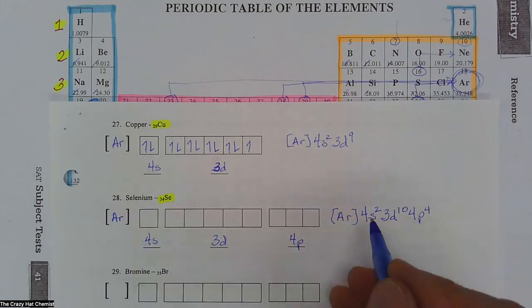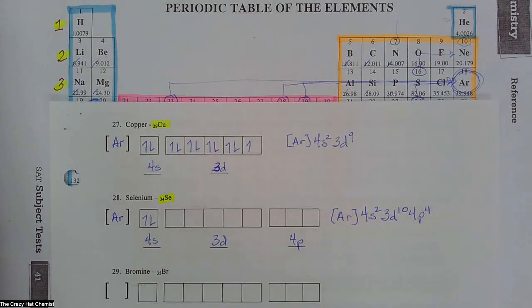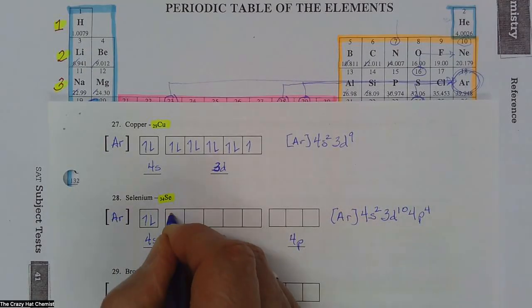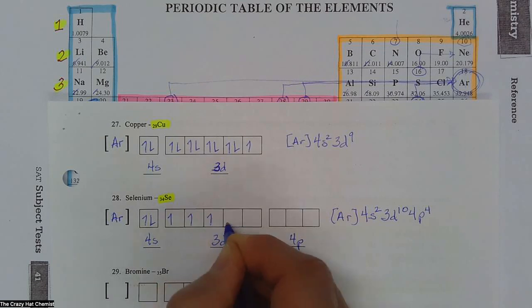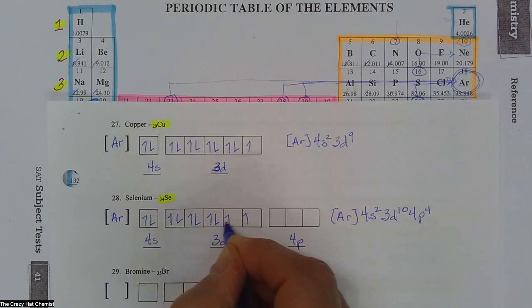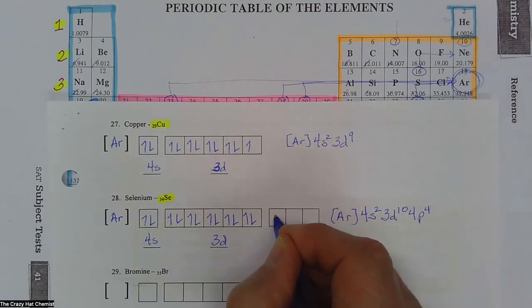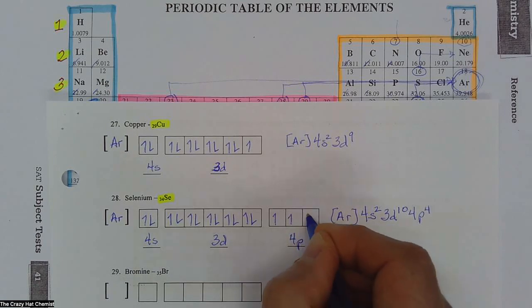So the 4s2, it's going to be up, then down. Then the 3d is going to be 10. That's 1, 2, 3, 4, 5, 6, 7, 8, 9, 10. Then it's 4p4. That's 1, 2, 3.